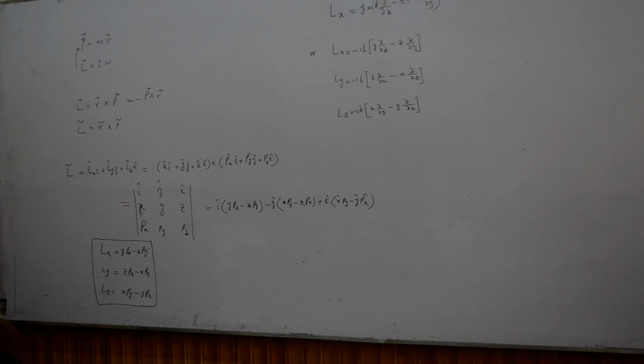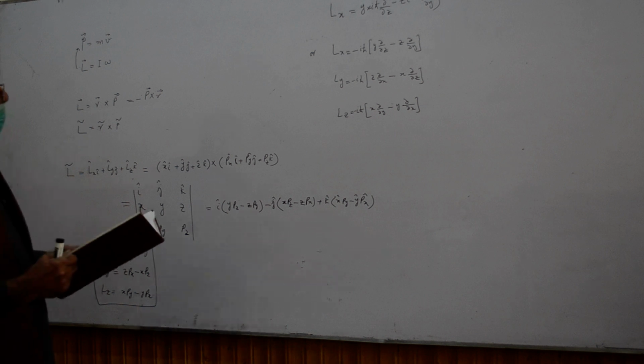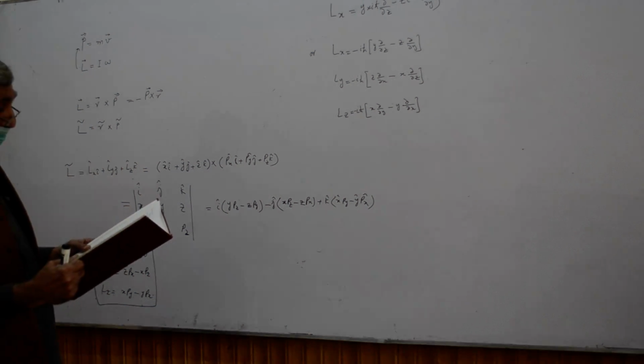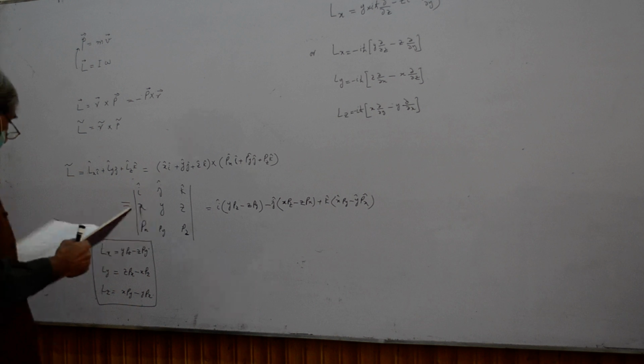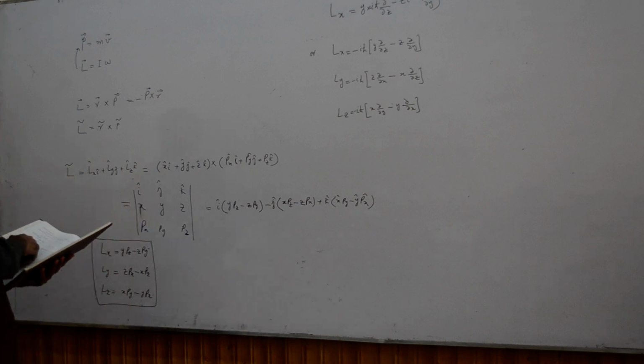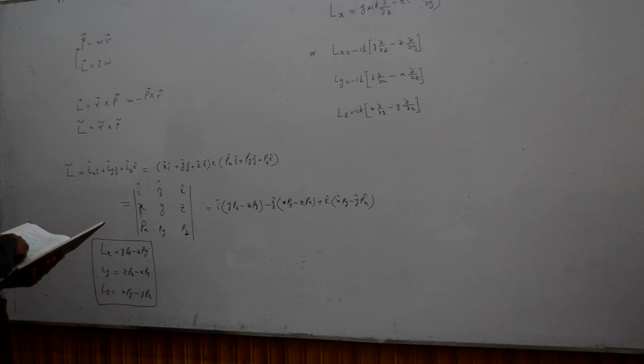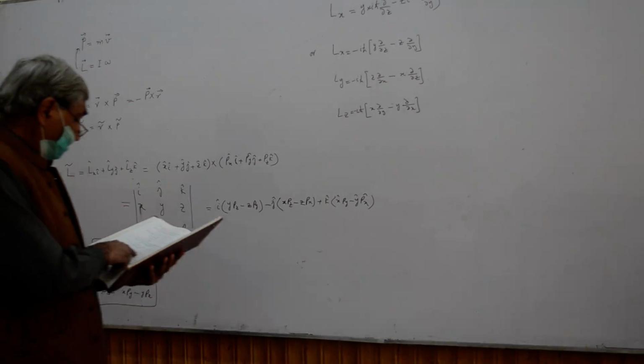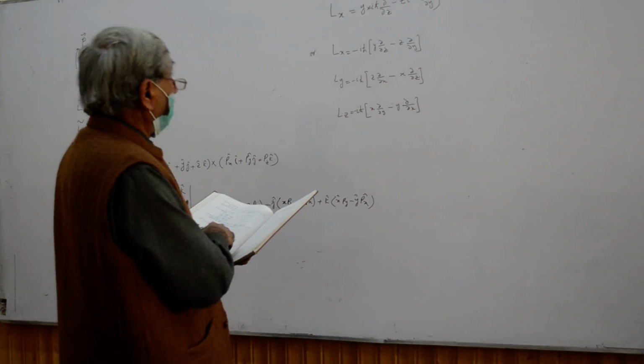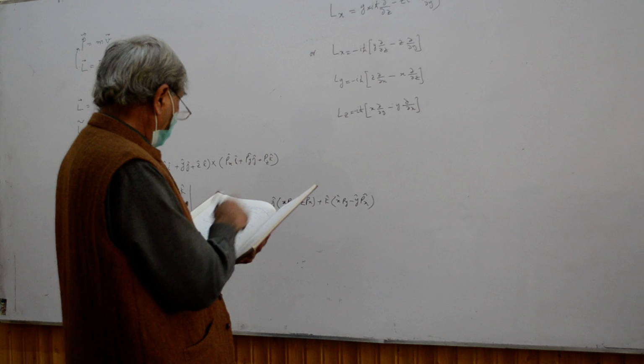I am just going to check. This is ypz minus zpy, zpx minus xpz, xpy minus ypx, and that is y delta over delta z minus z.